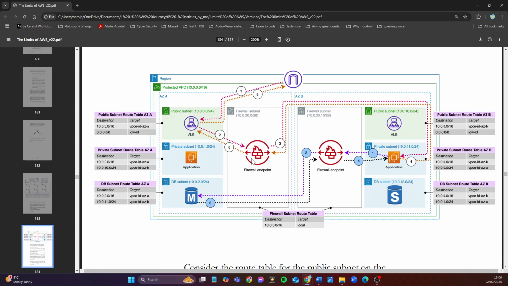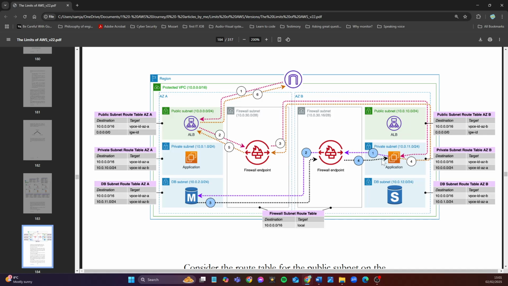And then it says 5 is back to the application load balancer. And then 6 is from the application load balancer back to the internet, and that's a complete route for the white circles. So in to the ALB, to the endpoint, we then just bob our head into the application in AZB, back out, firewall, ALB, out to the internet.